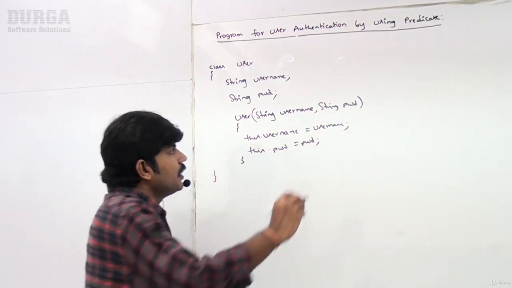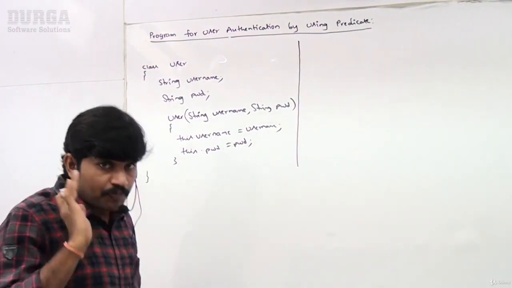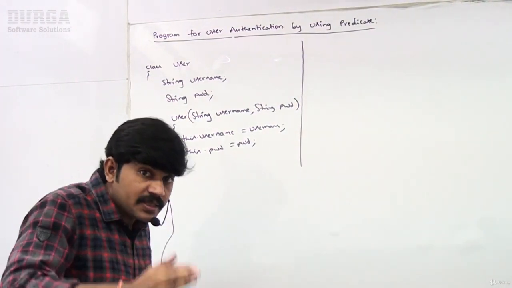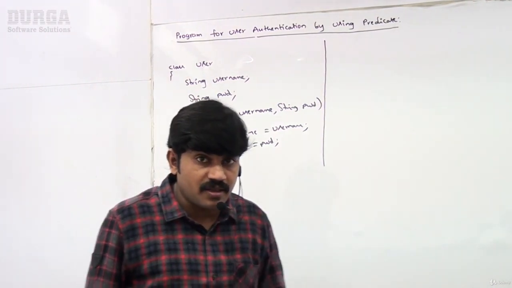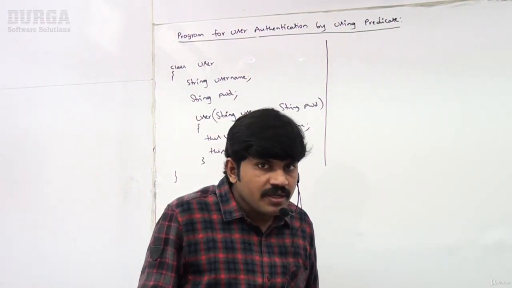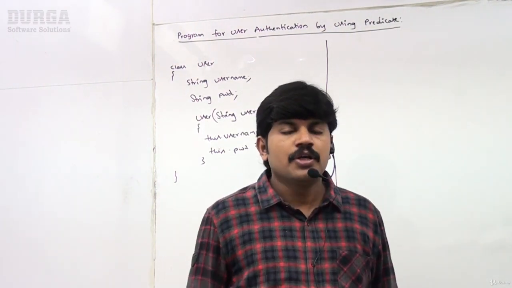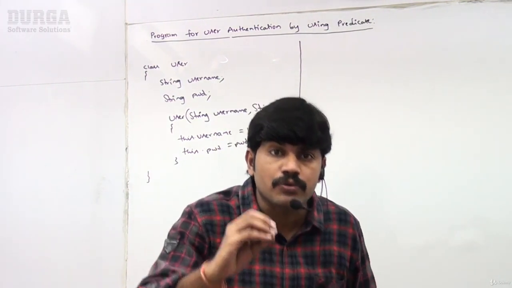Now my requirement is, sir, write a predicate which can take a user object as the argument, and my predicate has to check whether it is a valid username or not. How can you write a predicate to check username and password?